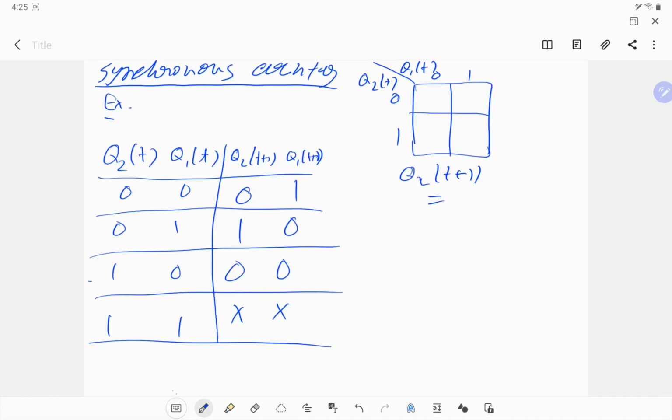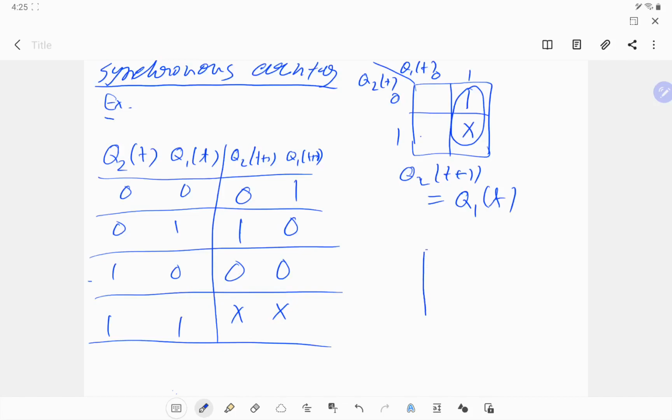So we have 0, 1, 0, don't care. So we can consider this pair, and then we will find Q1 t. It's a very simple equation.